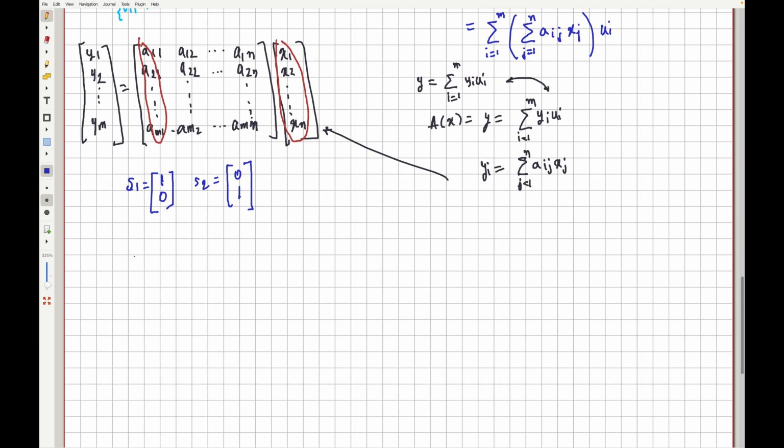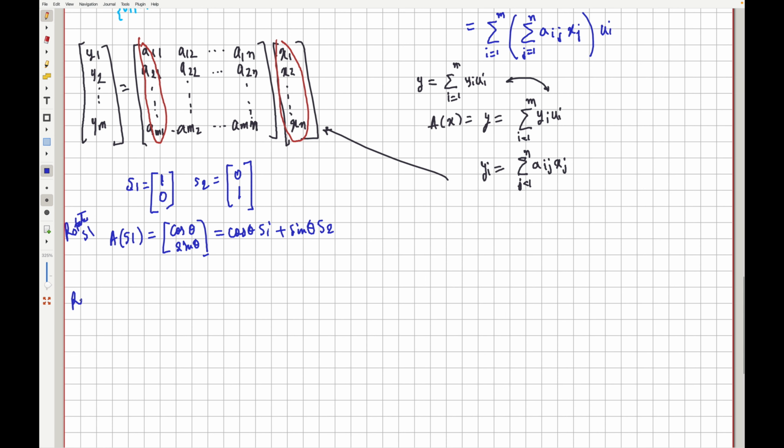A S1 is equal to (cos theta, sine theta), which gives us cos theta S1 plus sine theta S2. Likewise, we rotate S2.